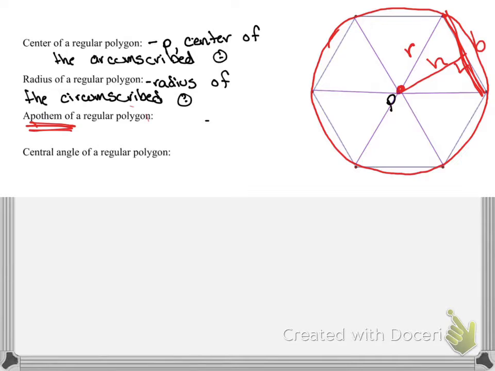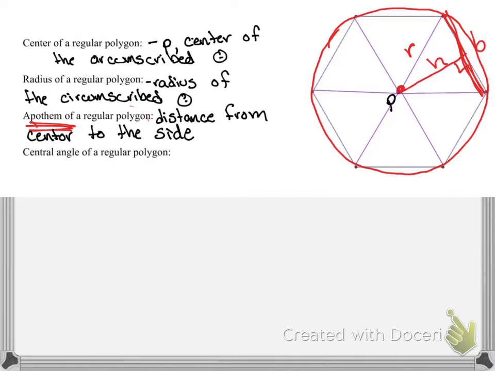The apothem is the distance from the center of that polygon to one of the sides. Again, it's going to be the same to all of the sides.